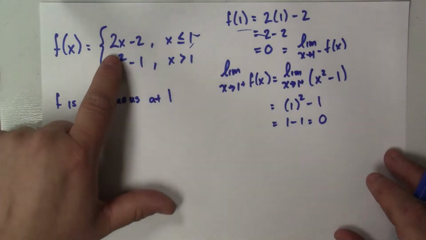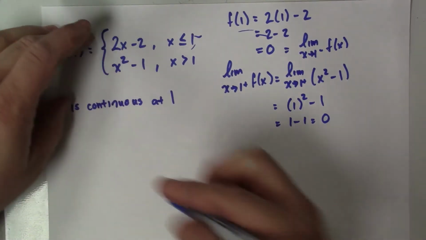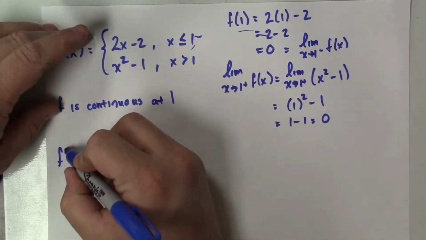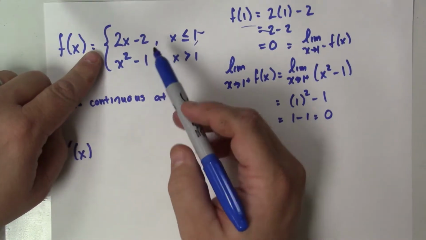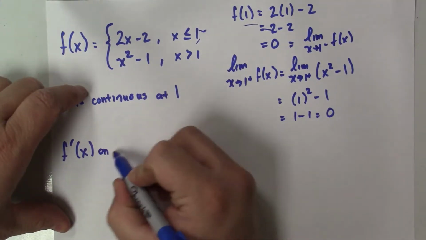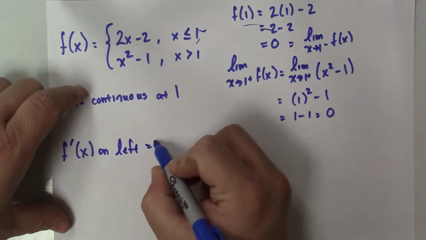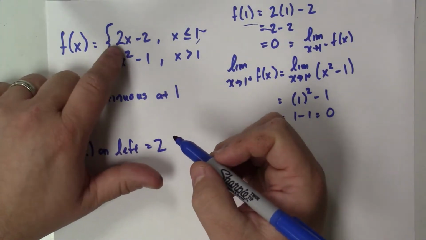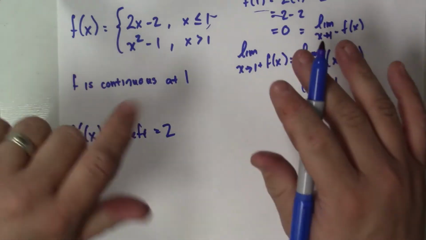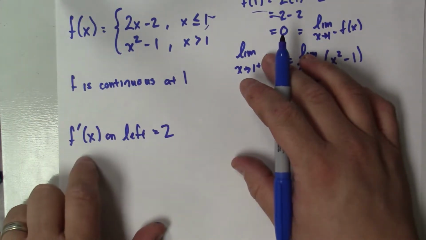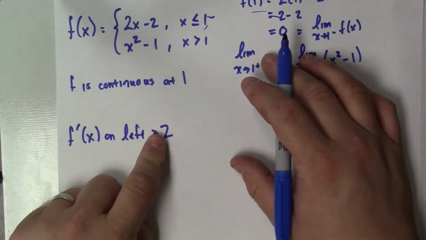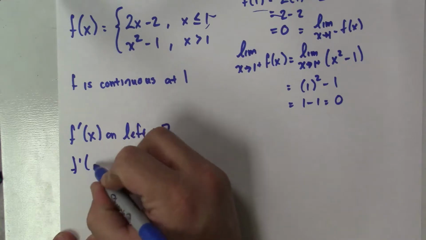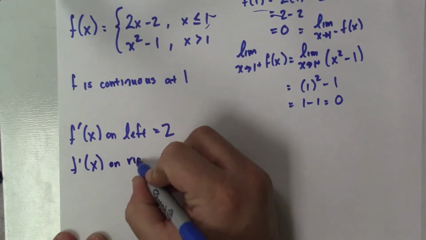The derivative of this, f prime of x on this side, is going to be 2, because it's a line and that rate of change is the same. So I'm going to cheat a little bit and say that on the left, f prime of x is 2. But now I have to come over here and figure out what f prime of x is on the right.